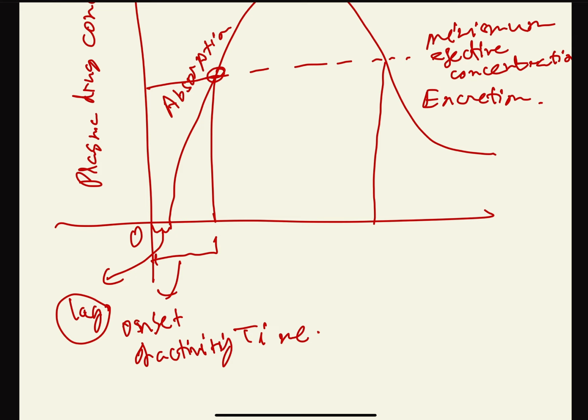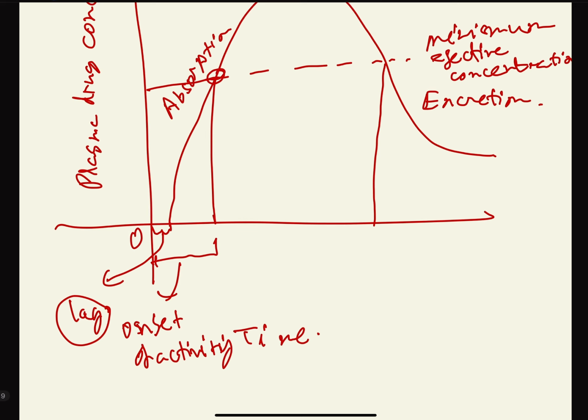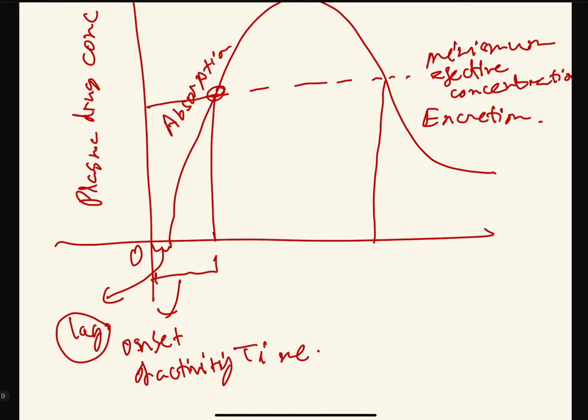This is the time where the activity has not yet happened, the onset of activity. From the administration of the drug to the point where the plasma level reaches the minimum effective concentration is called the onset of activity.